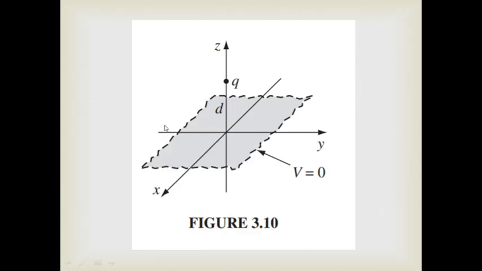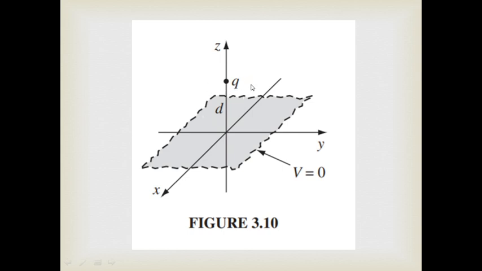Now you can think about this figure. There is an infinite conducting plane which is grounded. That means it's kept at a potential V equal to 0. So the battery's negative terminal is connected over here. And in the region of interest, z greater than 0, that means above this conducting plane at a distance d on the z axis, a point charge plus q is placed.